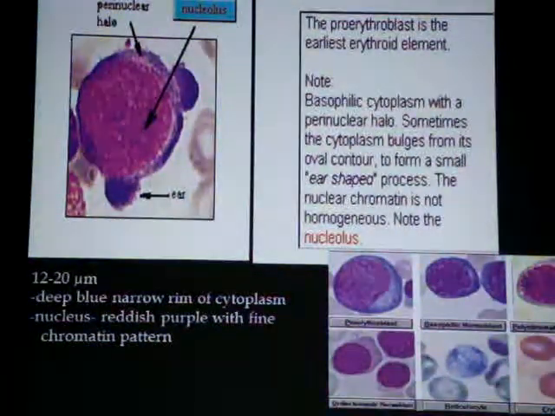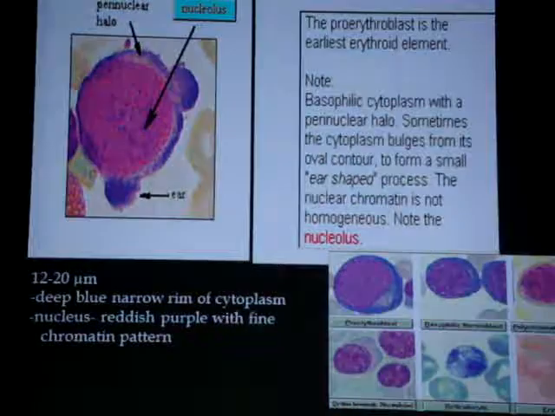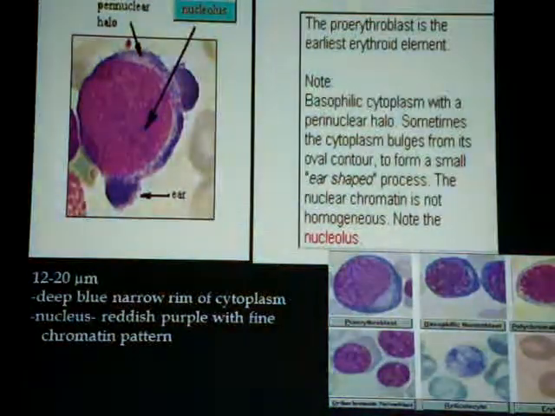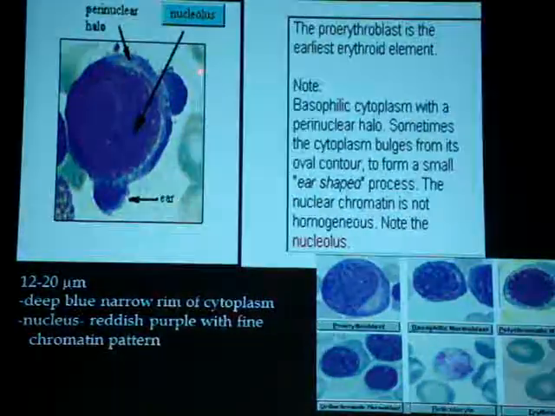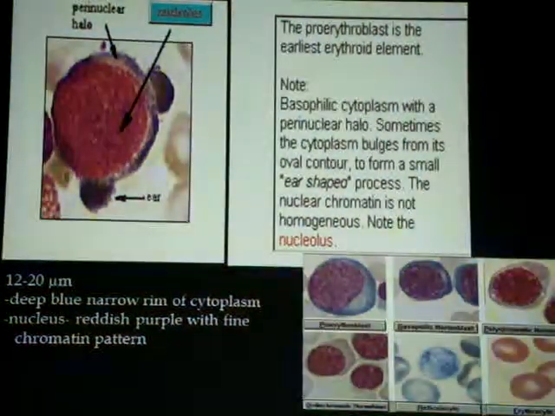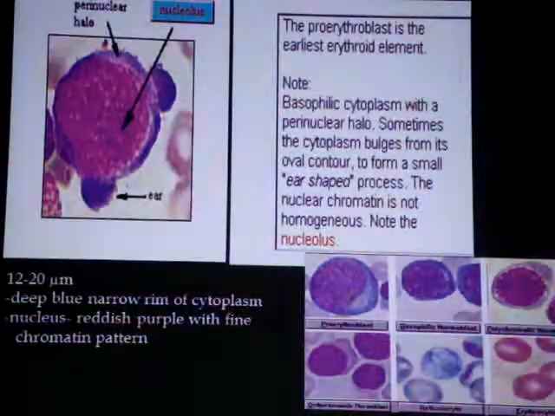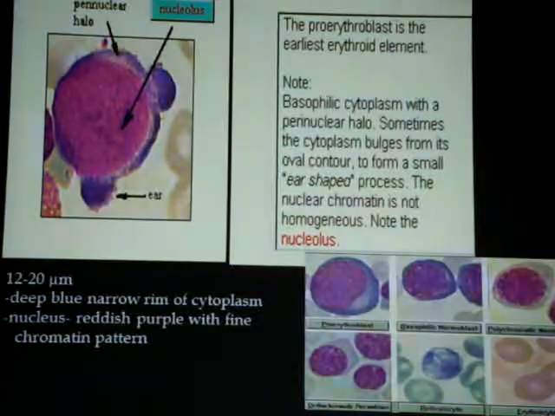No other cell in the bone marrow will display these protrusions. So if you are able to see that in your smear, it should be the proerythroblast already.